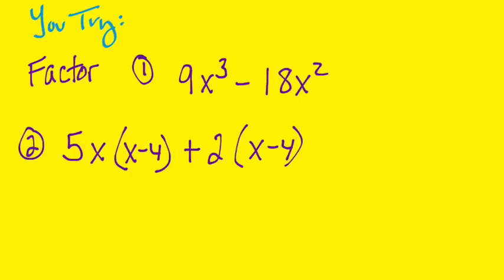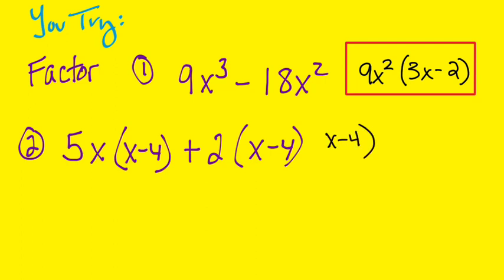Okay, here are 2 more you tries. I just want to make sure we review these all the way. Number 1, we're taking a greatest common factor out. Number 2, we're factoring a common binomial out.